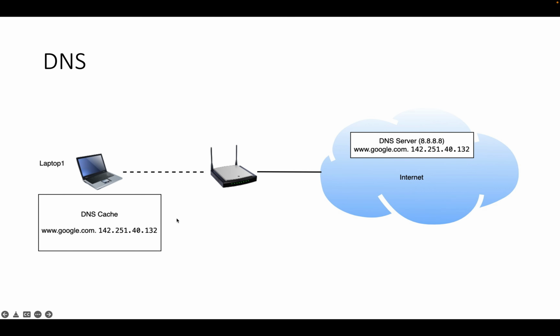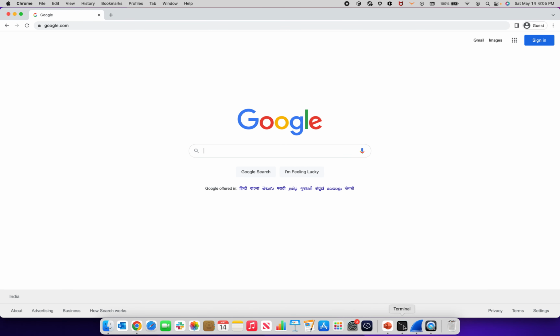So let's see this in action, because in the first video we actually decoded the DHCP packets. So let's understand the DNS protocol using a Wireshark packet capture. Okay, so let's do this.